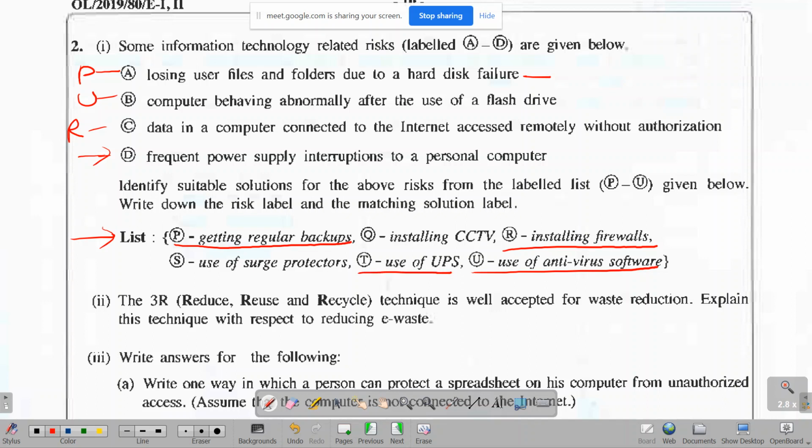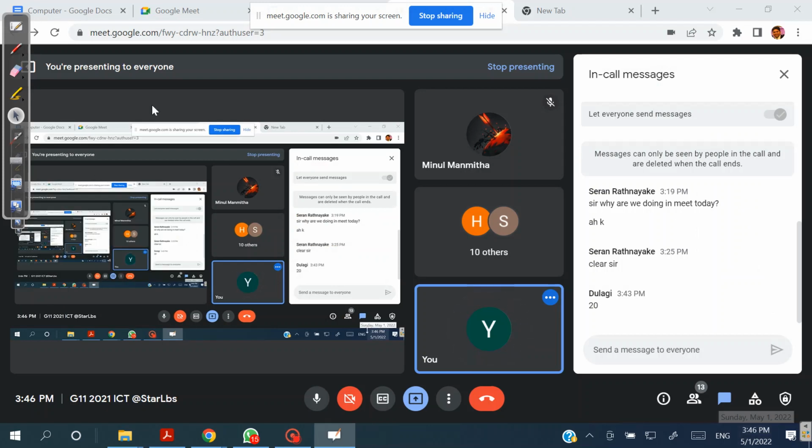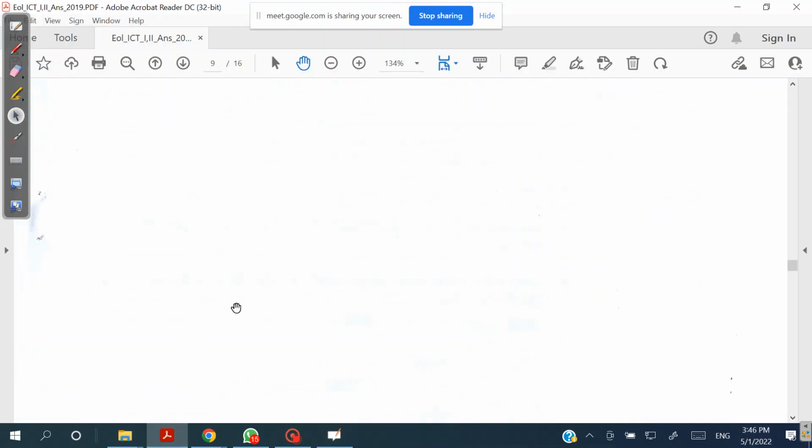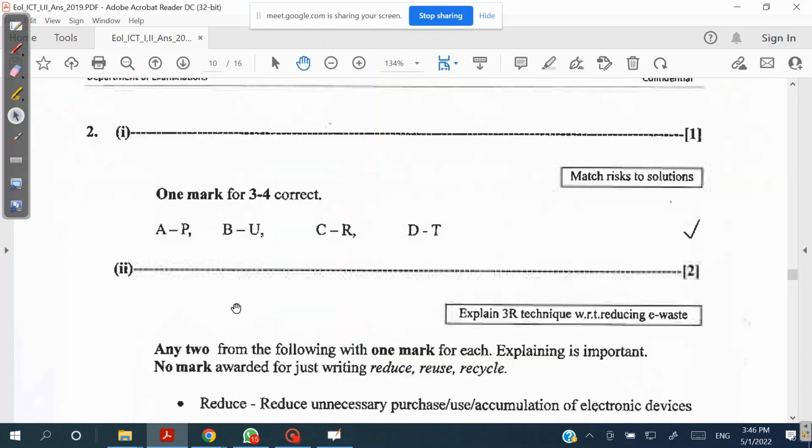That means T. So P for A, U for B, and R for C, and T for D. Let's cross check. Yeah, if P for A, U for B, R for C, and T for D. So if you got it correctly, you have given only 1 mark.